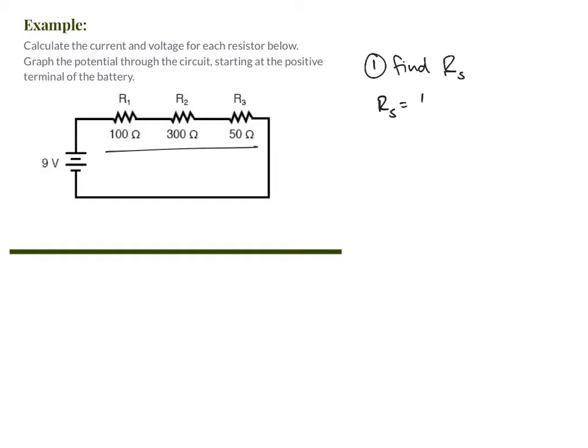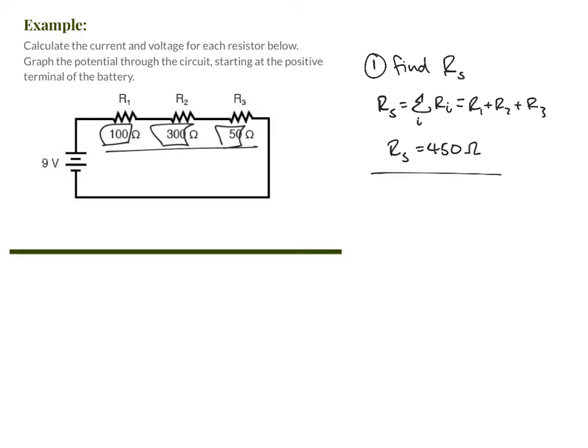So R_S equals the sum over i of R_i, which equals R1 plus R2 plus R3. So that's 100 plus 300 plus 50 equals 450, measured in ohms. That is the equivalent resistance of the whole circuit.